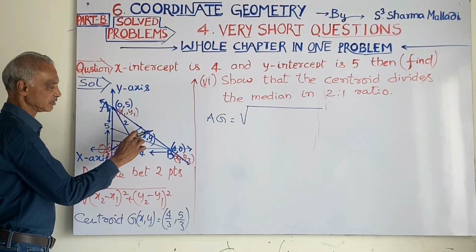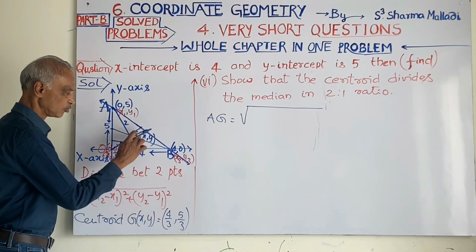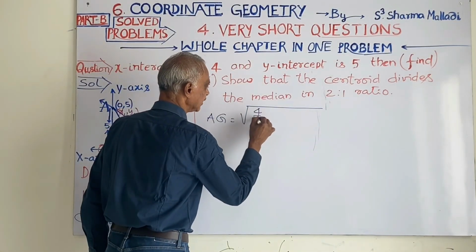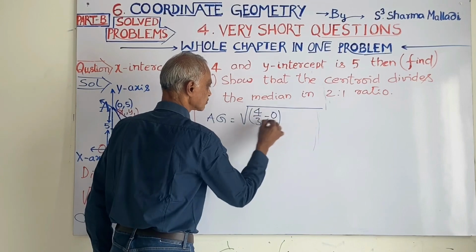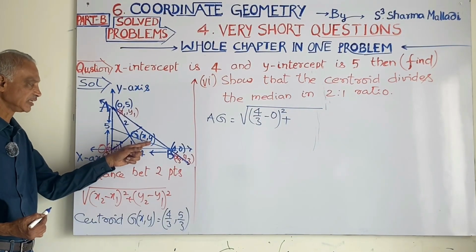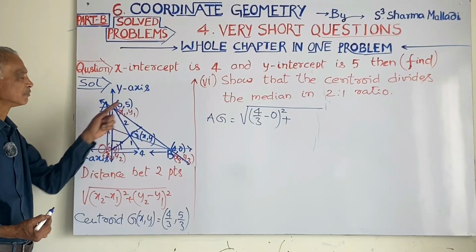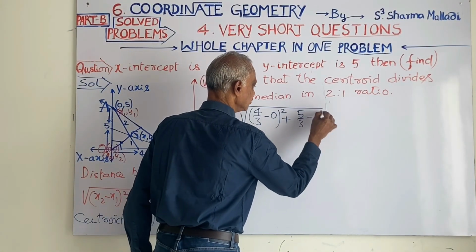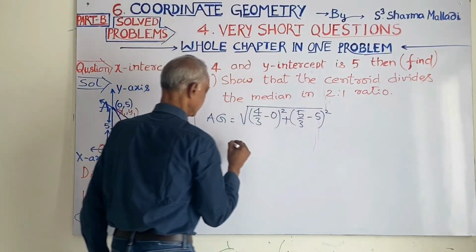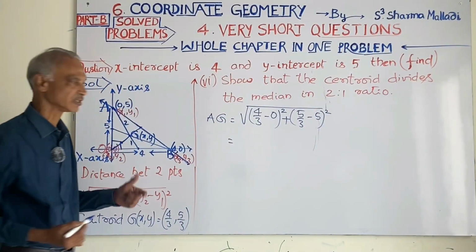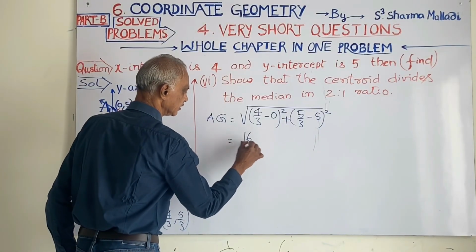(x2 minus x1) whole square means (4 by 3 minus 0) whole square, plus (y2 minus y1) whole square. y2 will be (5 by 3 minus 5) whole square. Now 4 by 3 minus 0 means 4 by 3 whole square means 16 by 9.